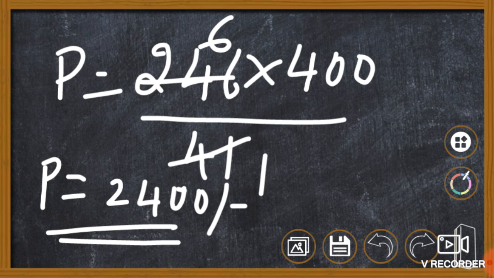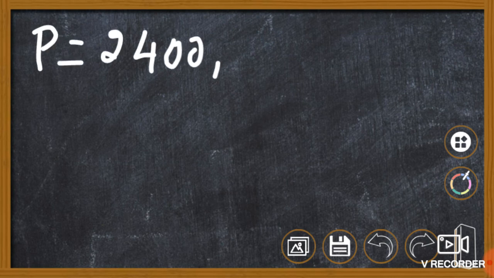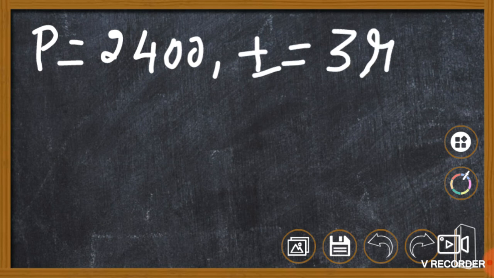Let us move on to the second step. Consider P as 2400 and T, the term, is equal to 3 years and rate of interest 6%. Calculate the simple interest.